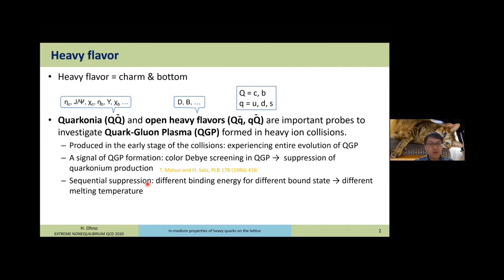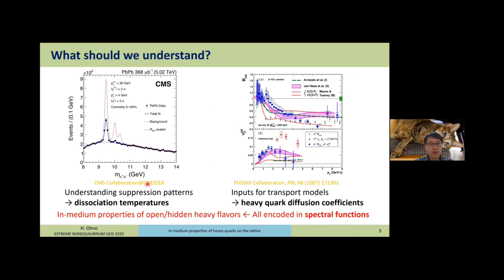So by using these quarkonia and open heavy flavors, what we can understand is, as I said, that sequential suppression has been observed, and this is typical quarkonium suppression. To understand this kind of experimental result, it is very important to know the dissociation temperatures of heavy quarkonia.